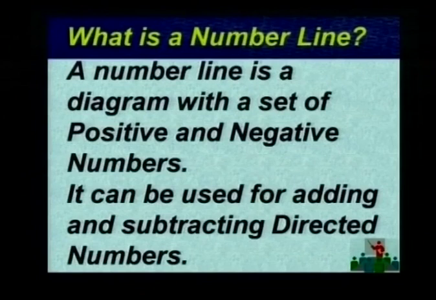Together: a number line is a diagram with a set of positive and negative numbers. It can be used for adding and subtracting directed numbers. Okay, that is the simple definition of a number line. Hope we remember that.